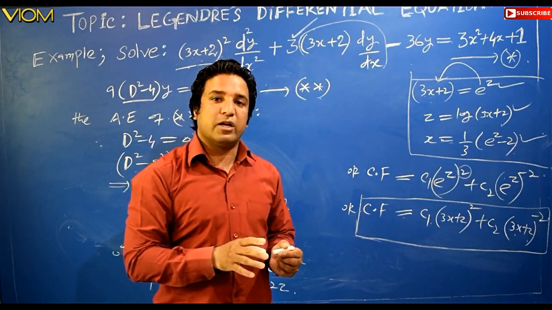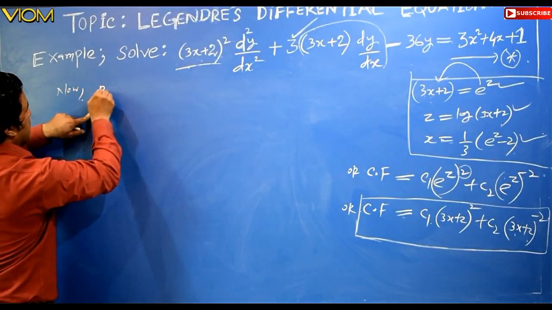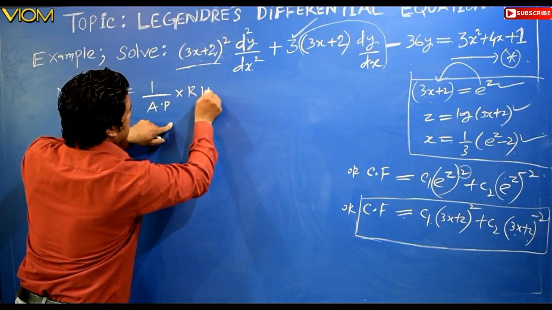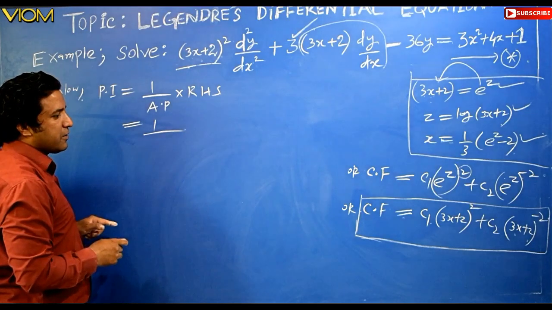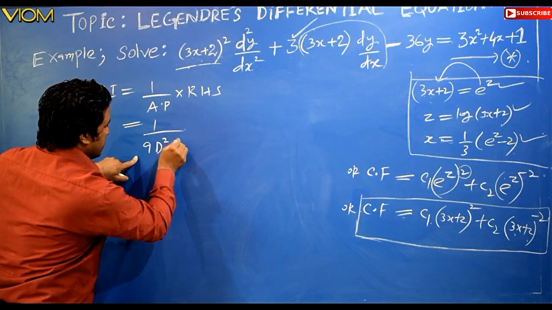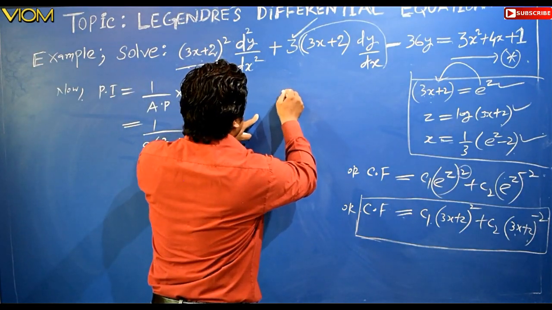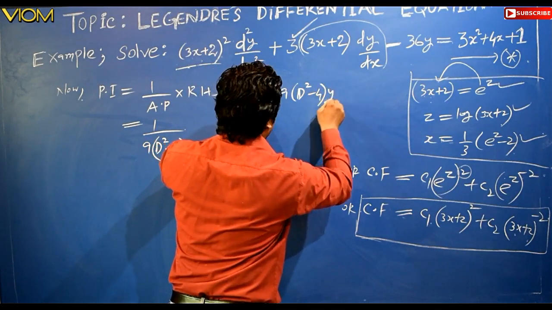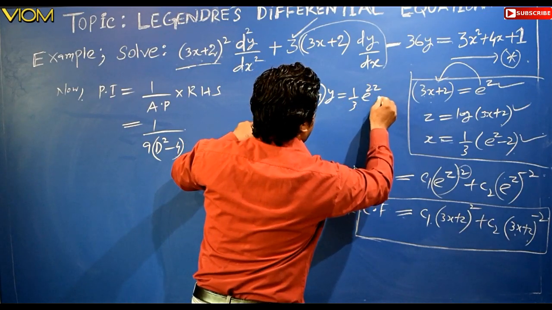Now we will find the particular integral. Particular integral is equal to 1 divided by the auxiliary polynomial multiplied by the right hand side. What is the auxiliary polynomial in this given differential equation? This is 9 times (D² − 4).